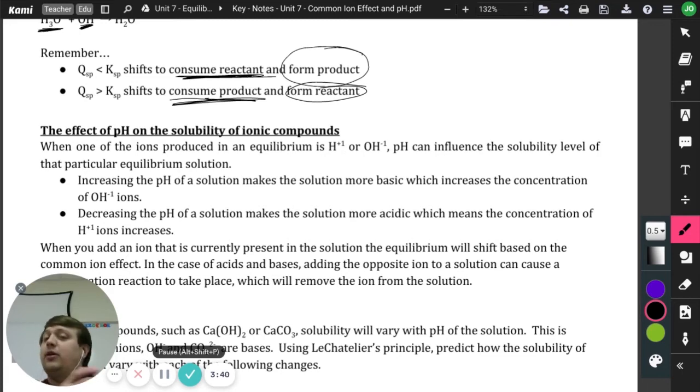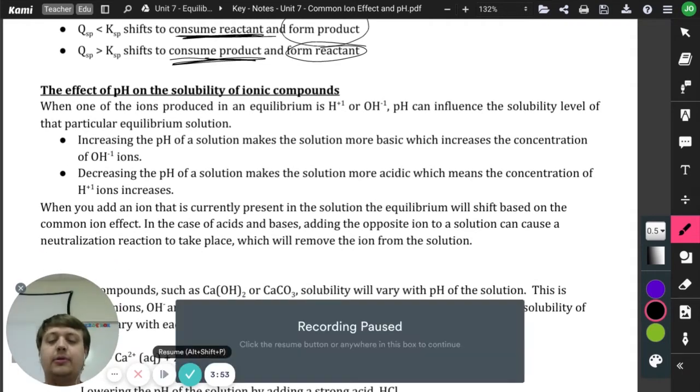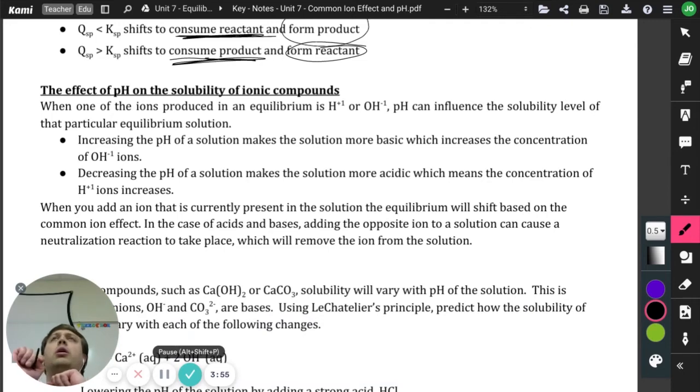Now, if I decrease my pH, then I'm making that solution more acidic, which means that the concentration of my hydrogen ions is going to increase. So if I make a solution more acidic, I'm going to increase my hydrogen concentration.